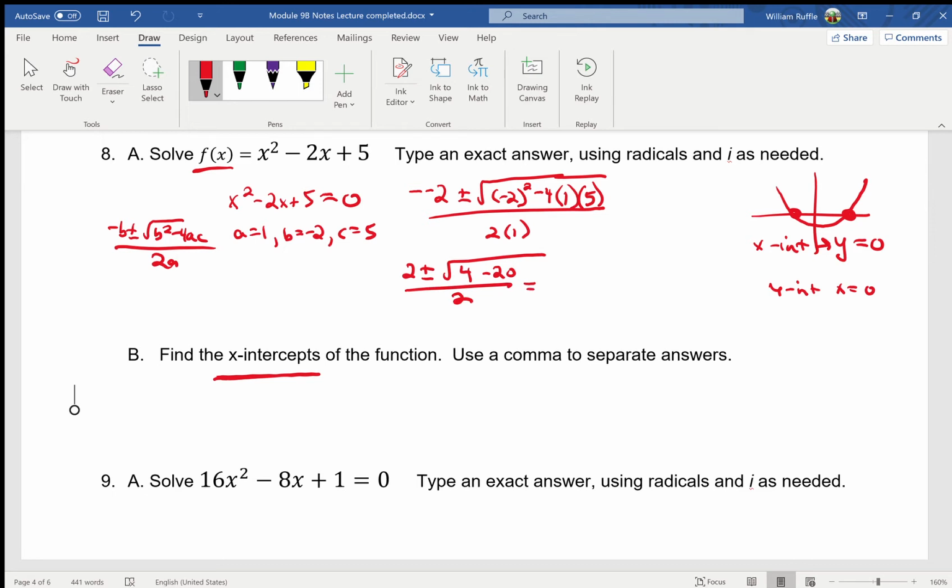You can see this is going to work out somewhat nicely: 2 plus or minus the square root of negative 16, all over 2. The square root of negative 16, you should remember, is 4i. So I have 2 plus or minus 4i over 2, and I can divide both of these by 2, so this is really 1 plus or minus 4i.